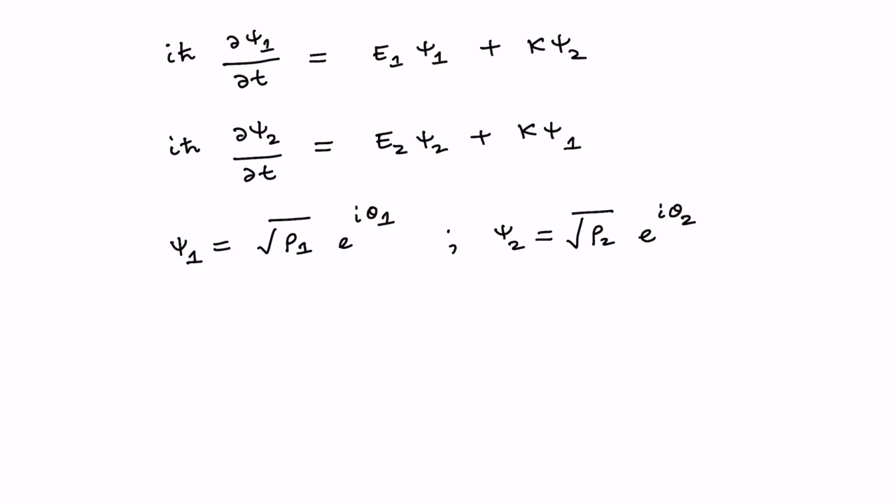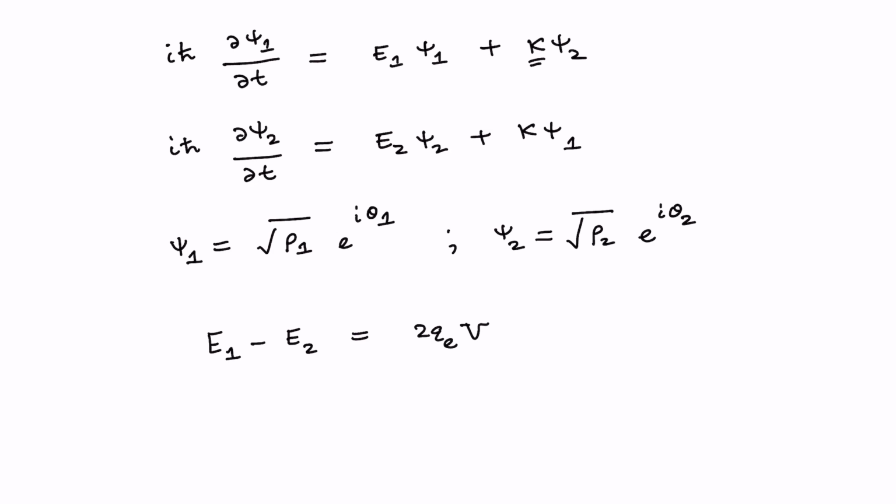And here k is the coupling constant or the coupling parameter, and this coupling parameter is determined by the thickness of the tunneling barrier, that means the insulating layer, and the energy difference between these two superconductors, E1 minus E2, is equal to the charge of the Cooper pair, which is 2 qE, times the voltage. qE is the charge of a single electron.